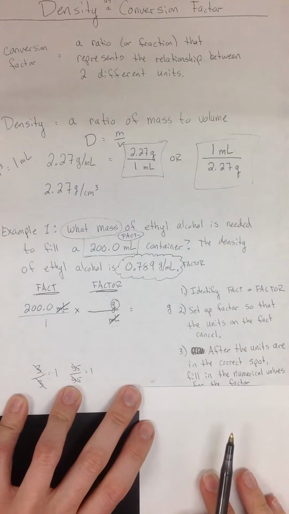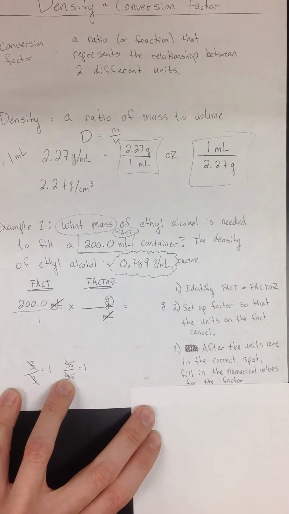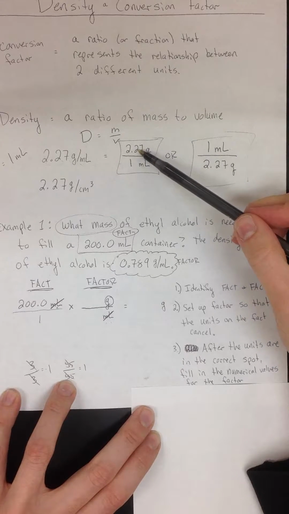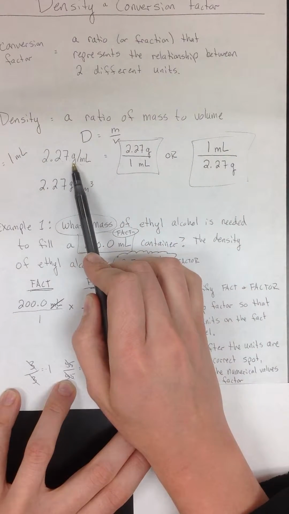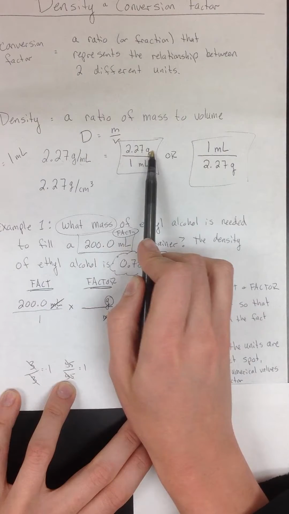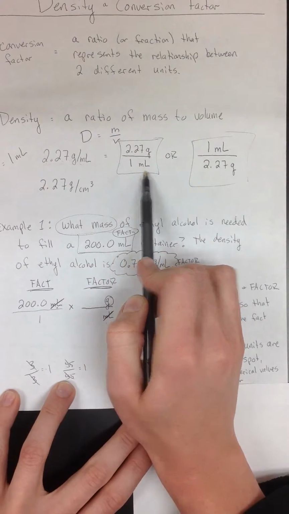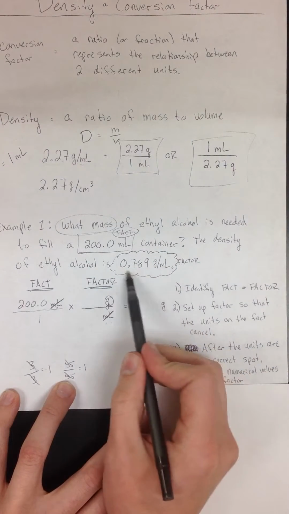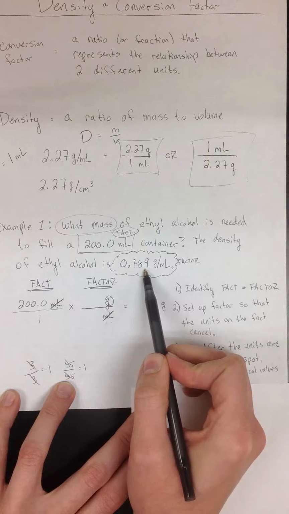My third step, after the units are in the correct spot, is to fill in the numerical values for the factor. Remember how I wrote my factor up here as a fraction, and I had my 2.27 go with my grams on the top, for every 1 milliliter? I need to do the same thing but with this number now. I've got 0.789.